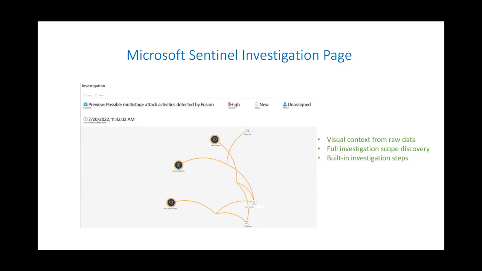So we can expand the investigation scope using built-in exploration queries to surface the full scope of a breach. We can also see the built-in investigation steps. We can use the predefined exploration options to make sure we're really asking the right questions in the face of a threat. So overall, the graph provides an illustrative map of the entities directly connected to the alert and each resource connected further.